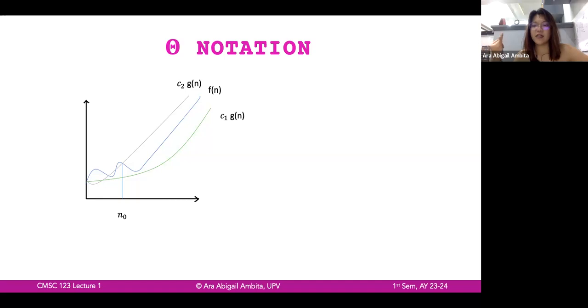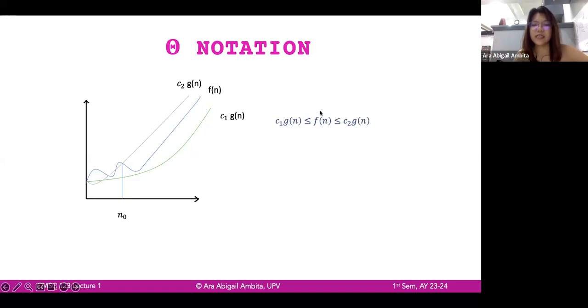In the big O and the big omega, what we did was look for some constant c. But in the average case, as you can see, this function f of n is being sandwiched in between two functions. We are going to look for two constants, c sub 1 and c sub 2.